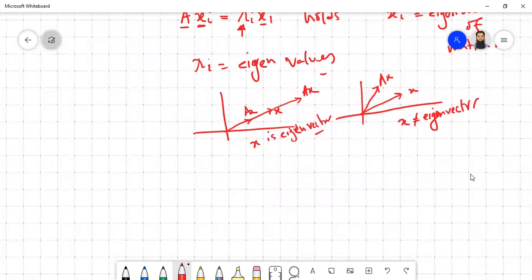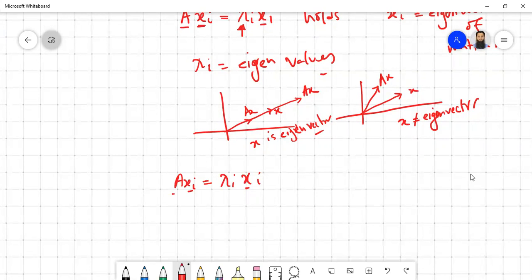Now, mathematically, let us try to figure out the eigenvector. The initial equation is A xi equals lambda xi. As I already said, A is a matrix, xi is a vector, and lambda is simply a magnitude.